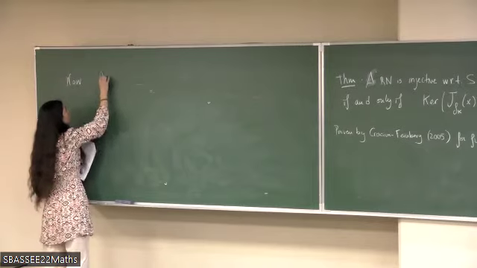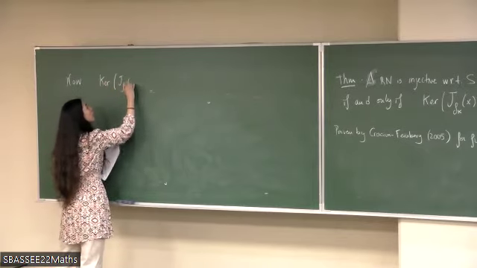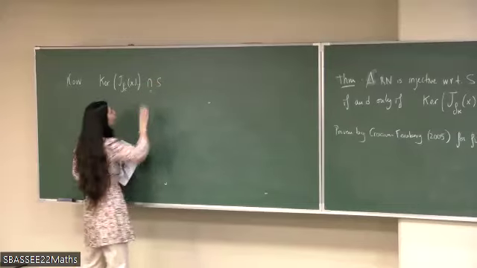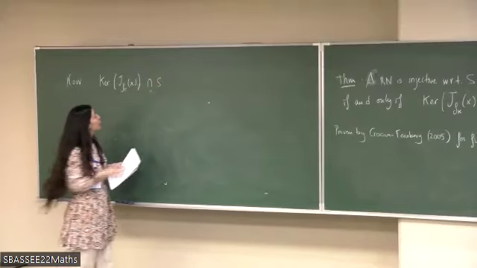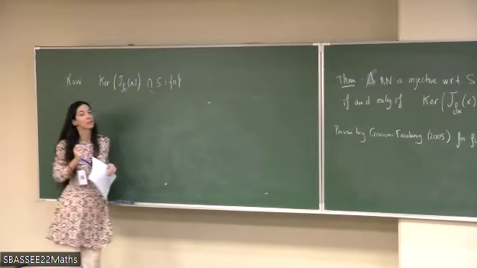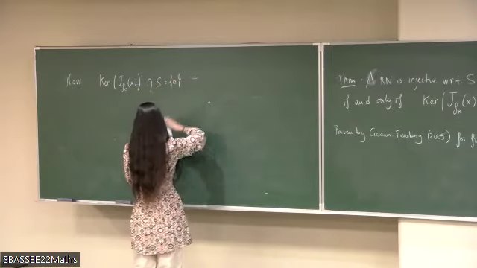Now the Jacobian, the kernel of the Jacobian intersects with S only at 0 if and only if, for all k and x positive, this matrix.